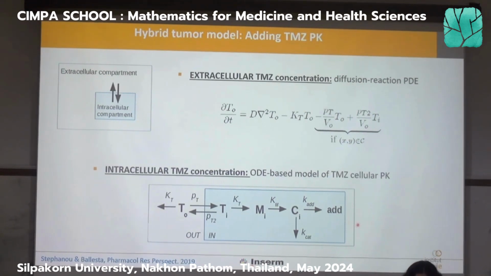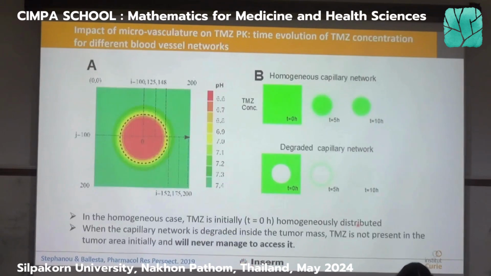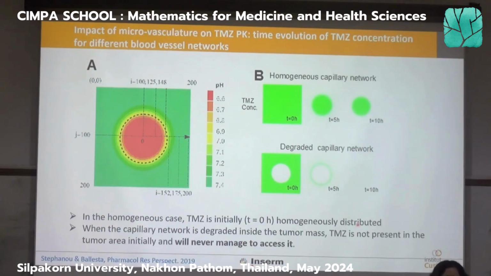Okay, so let's run this. So we run this for the domain I just showed you. And the first thing that we wanted to look at is how the vasculature, how the blood vessel network will actually impact the drug availability. So here, basically, we have a tumor, and we have computed the extracellular concentration of temozolomide for two different cases.